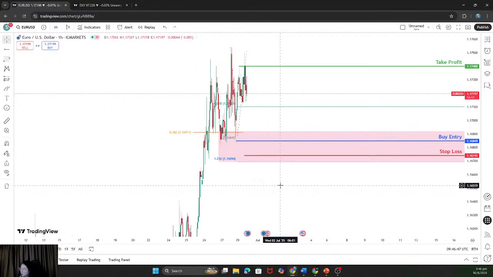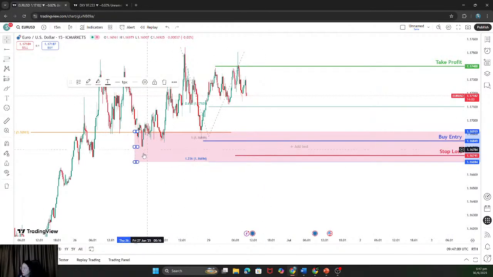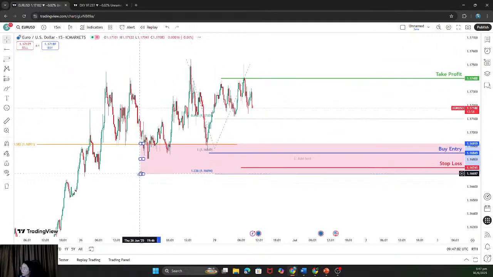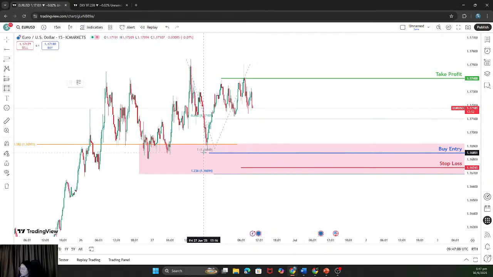Interesting. Price could reverse anywhere within this pink box. I think it's most likely going to be here, in this area here.